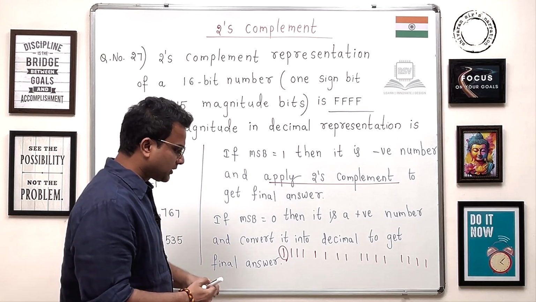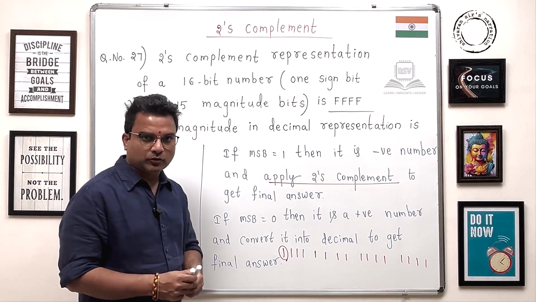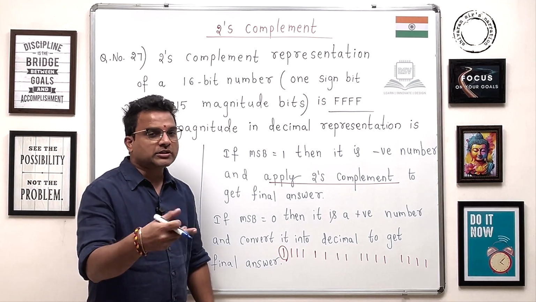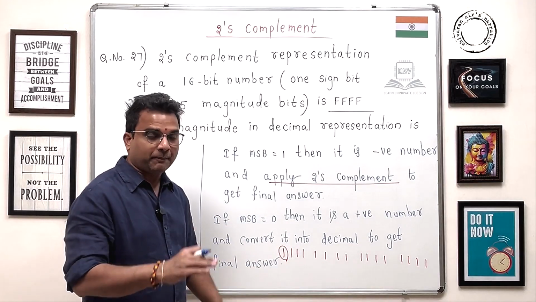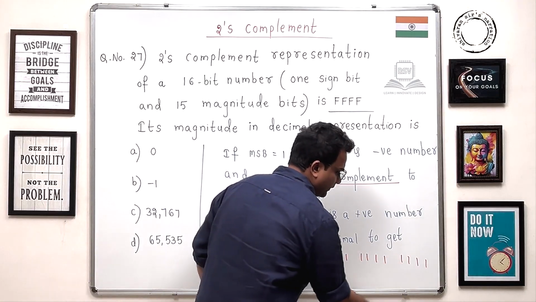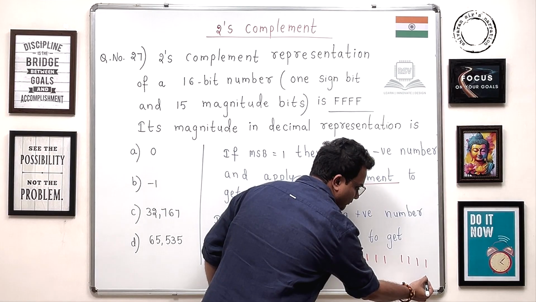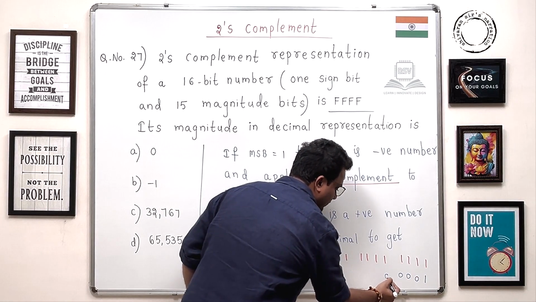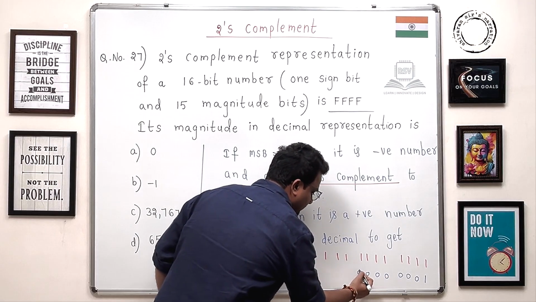Okay, now let's do this. What is the procedure to convert a number like this into its 2's complement representation? Apply 2's complement again. The procedure we know very well already. This is 1 and the remaining all zeros, just the 1's complement.